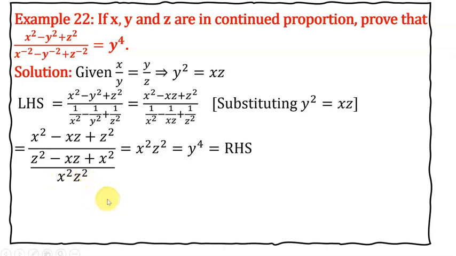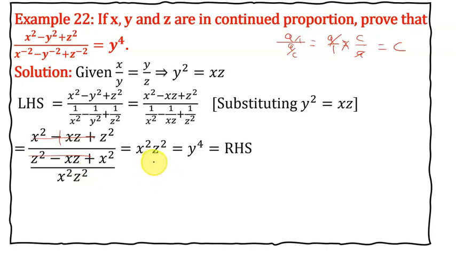And now if we observe this, this term is a upon, again a upon c, that is a upon 1 into c upon a, which gets cancelled. Similarly here, x square minus xz plus z square, these two terms get cancelled, that is 1 upon x square z square.